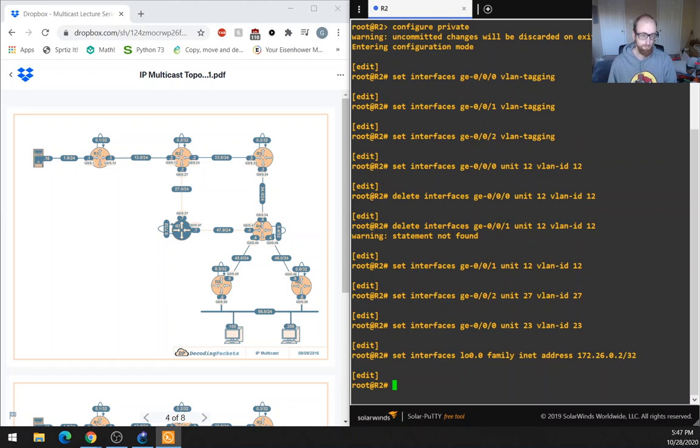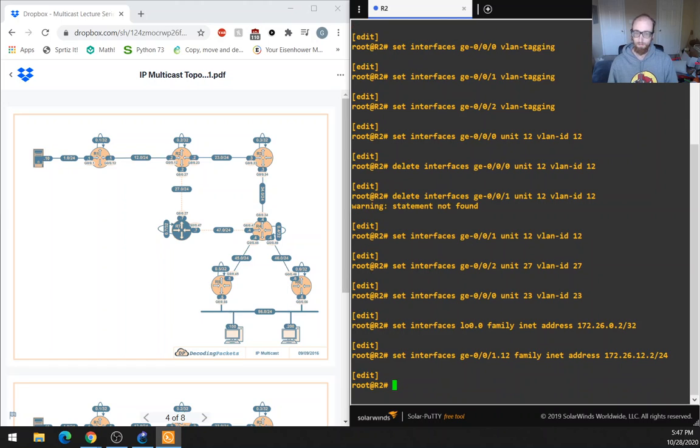Okay, so alright, so let's put the IP addressing on the interfaces now. Right?